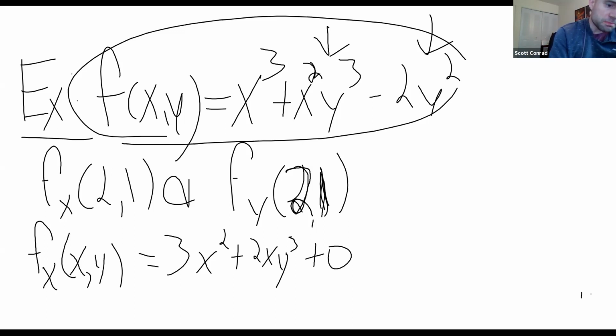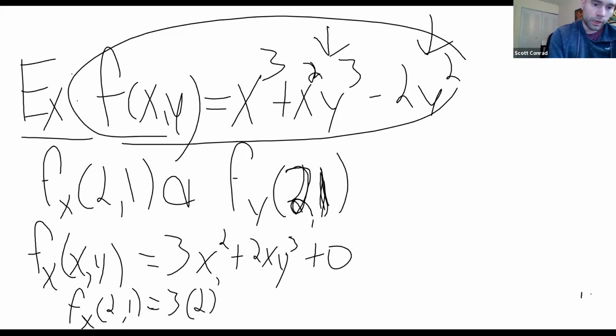So then the partial with respect to x at 2, 1. Now wherever we see x, we plug in 2. Wherever we see y, we plug in 1. So 3x squared becomes 3 times 2 squared. 2xy cubed becomes 2, x becomes 2, y becomes 1 cubed, plus 0.